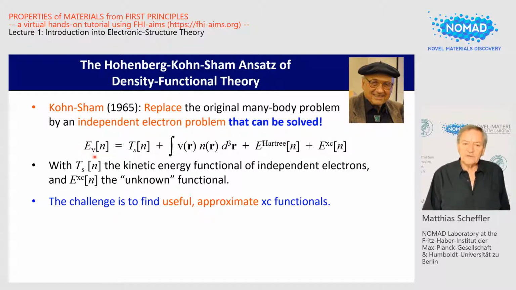So they write down, and you can always do this in physics, at least you think you can do this, that you say I split off now the kinetic energy of non-interacting particles. So Ts of n is a kinetic energy functional of non-interacting particles. That means the density which I can plug in here is the density of a non-interacting system.